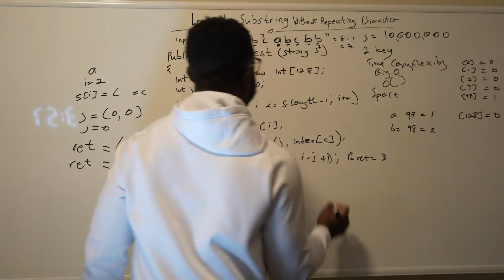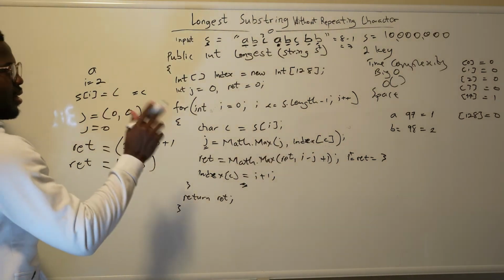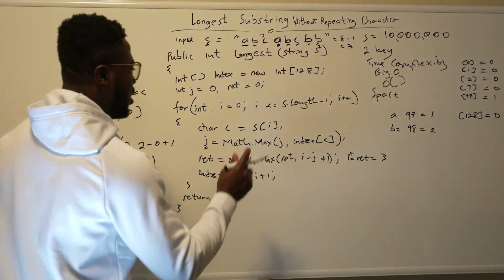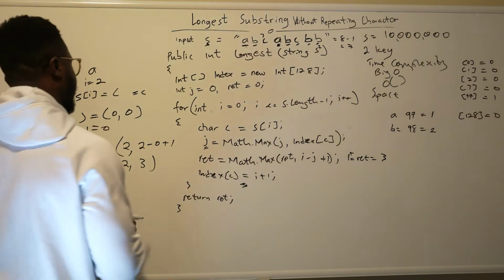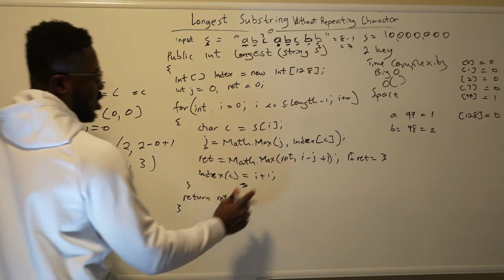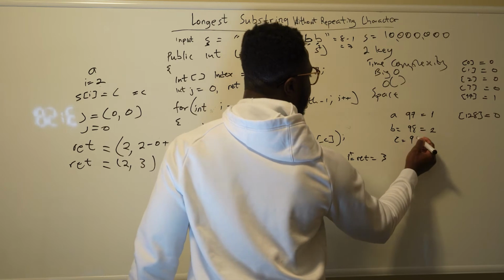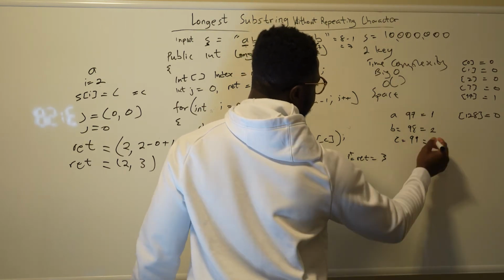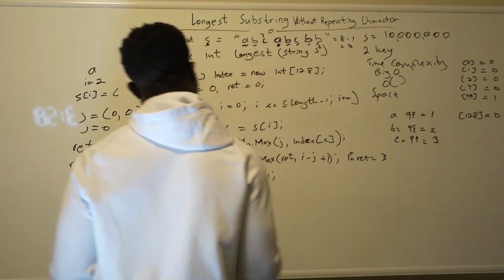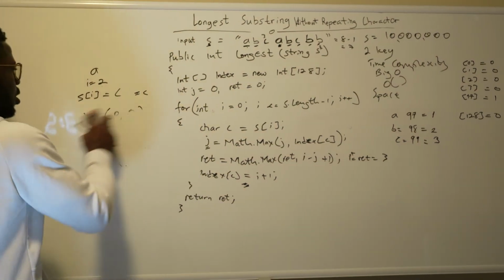So after the third iteration, we know that the ret is 3. Perfect. Then we set that index. So C, remember, is going to be 99, which is going to be 3. Pretty much.